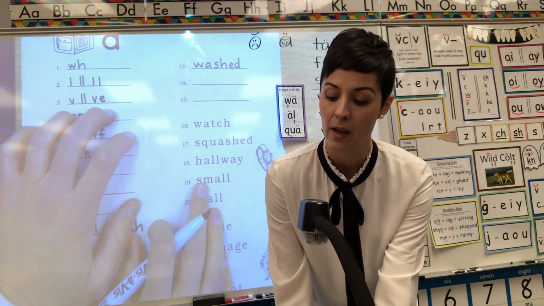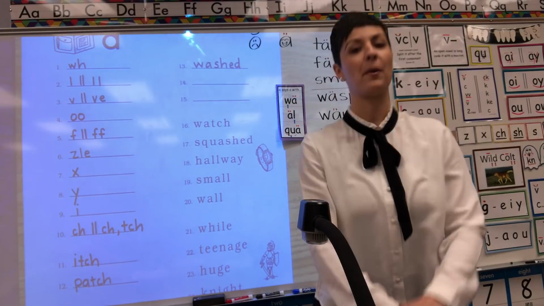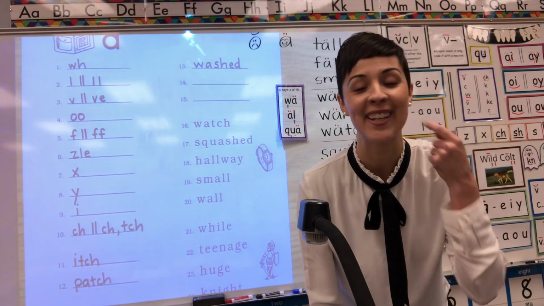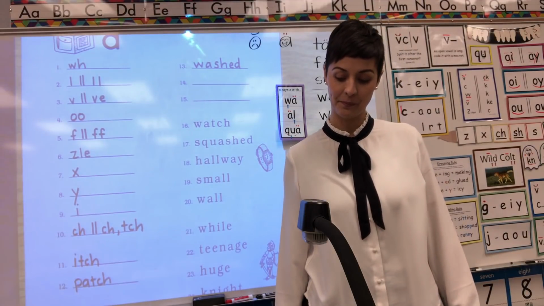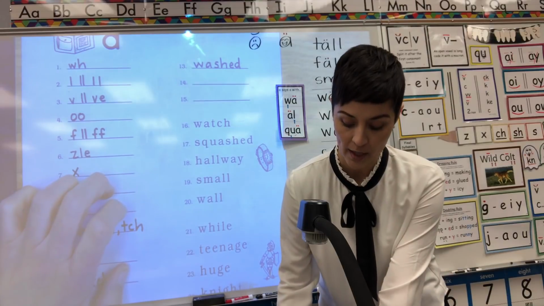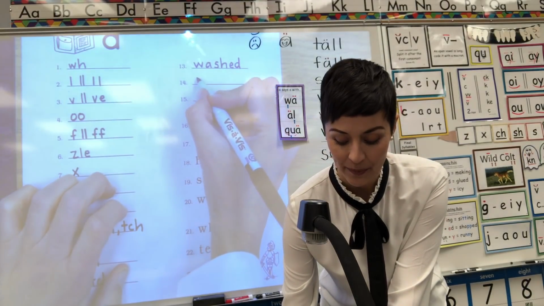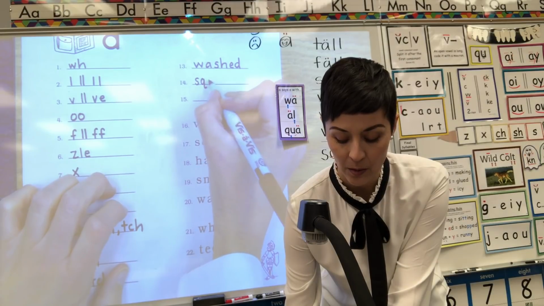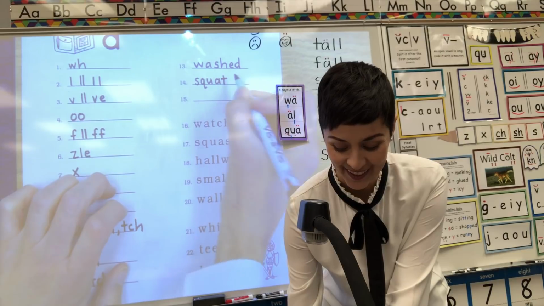Washed. Number 14. Do that word for me that means when we get our legs strong, spell for me the word squat. What word? Squat. Will you spell squat starting S? Ready? S-Q-U-A-T. You got it.